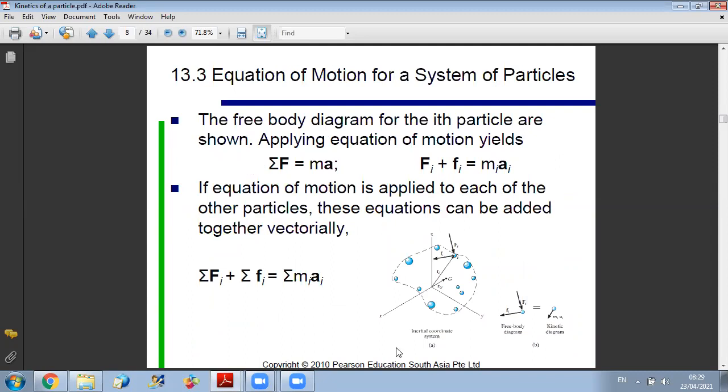Now, how to apply the equation of motion for a system of particles? In case I have several particles in my problem, I know that each particle will be subjected to certain external forces. If I take each particle separately, I can write that it's exposed to forces that are external to the system, plus I have the interactions between particles.